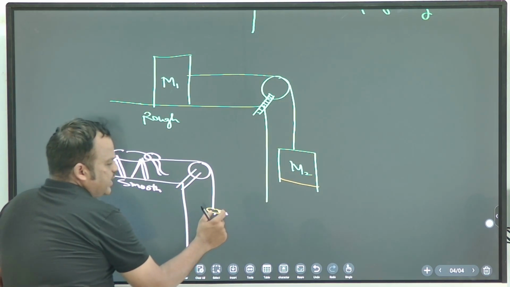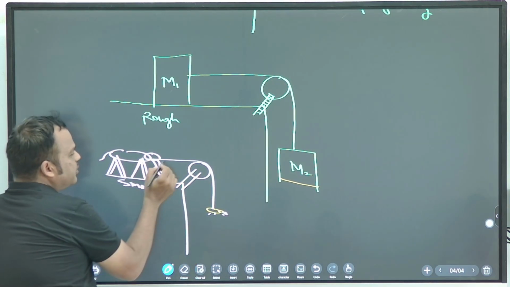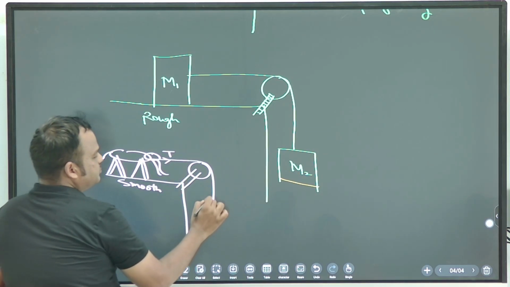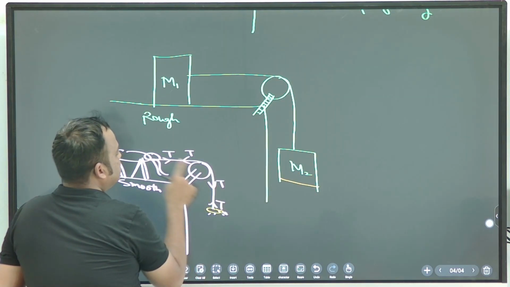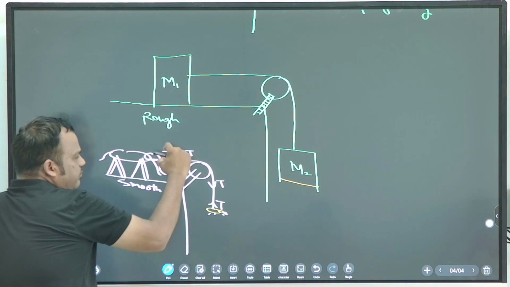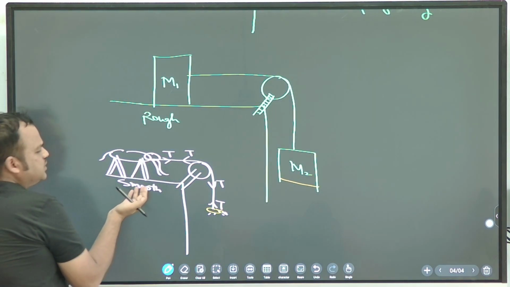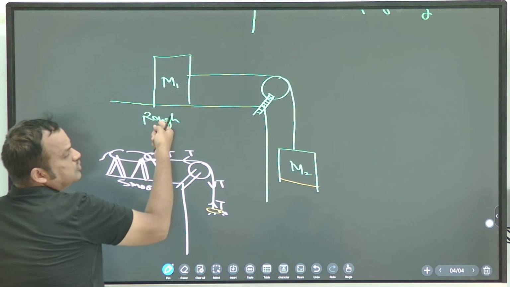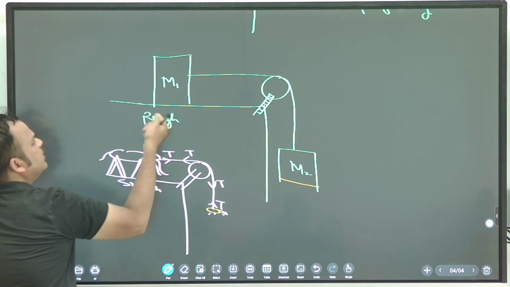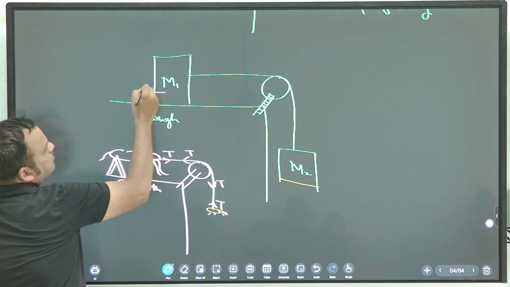The rat has very little mass, but still the elephant will slide because tension will act here. Even a small tension will move it because it is a smooth surface. Who can stop it? Rough surface, friction. So now friction is there.